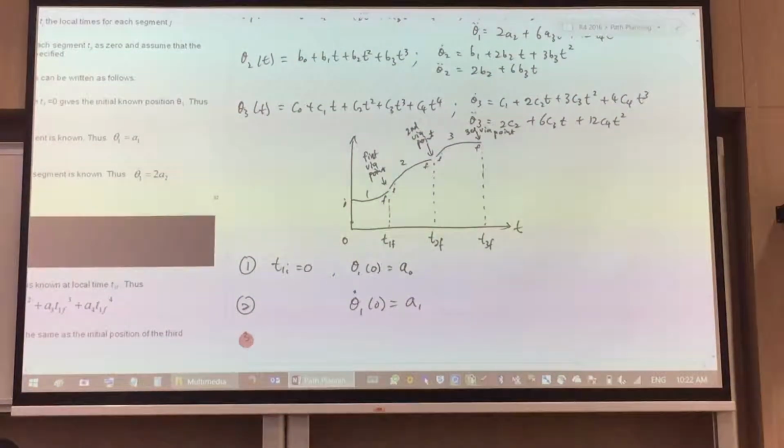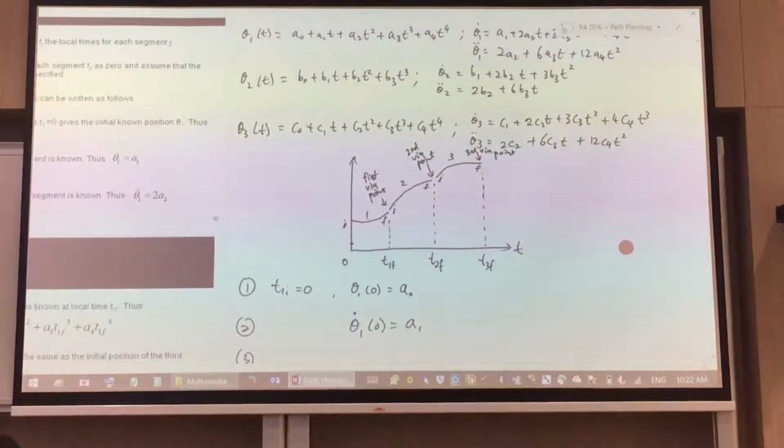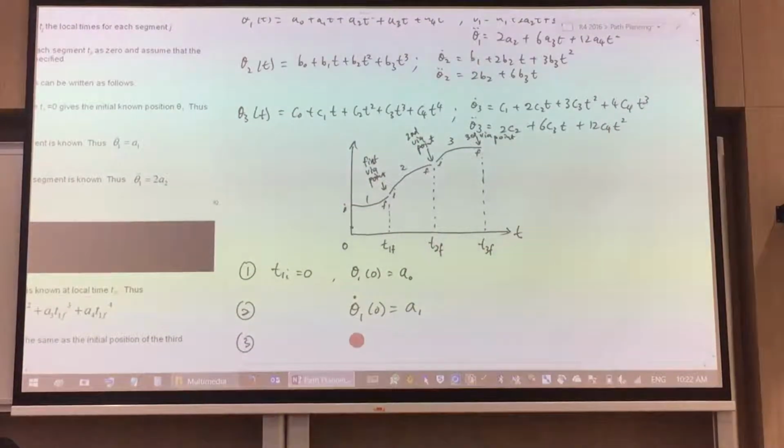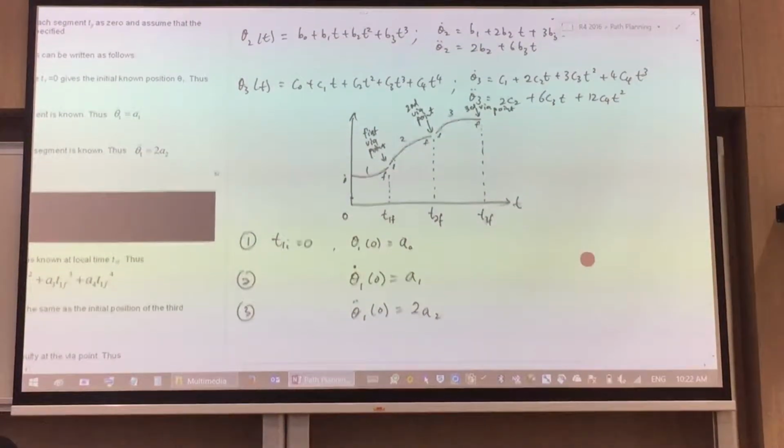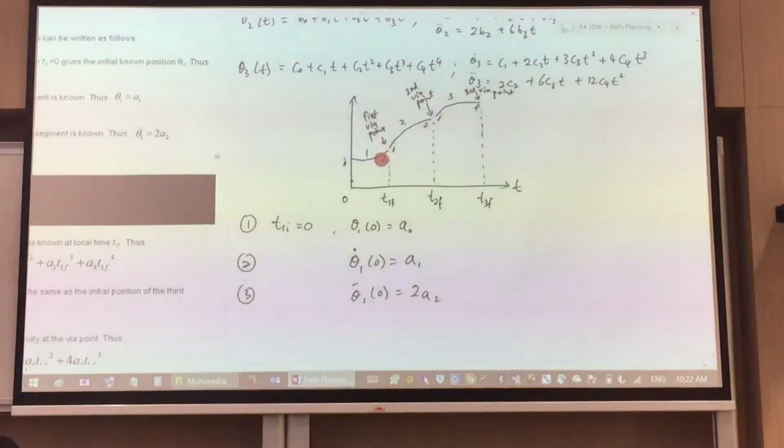The third boundary condition, also substituting when time equals 0 into my acceleration over here in the first segment initial position, that is equal to 2 A2.